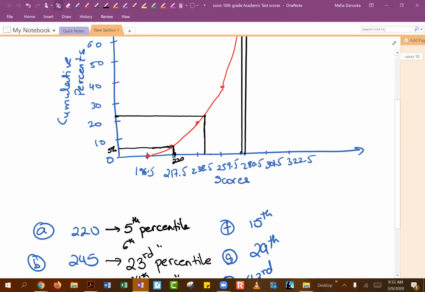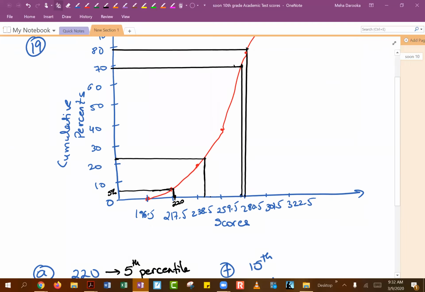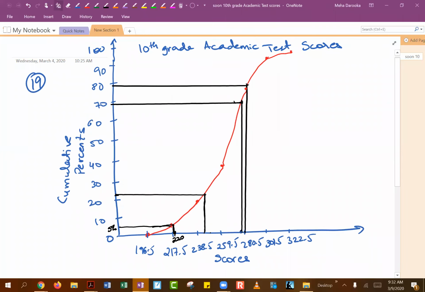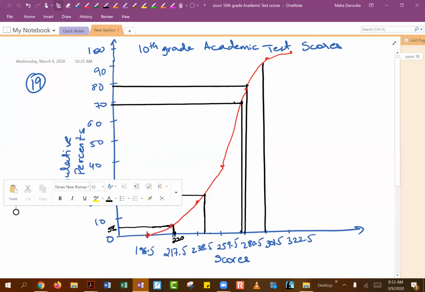Okay, for 300, what did we get? And this marker here is 301.5. So 300 obviously would be just slightly off from there. And where does that put us?